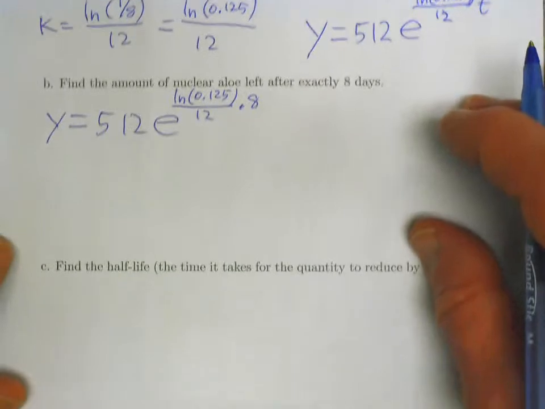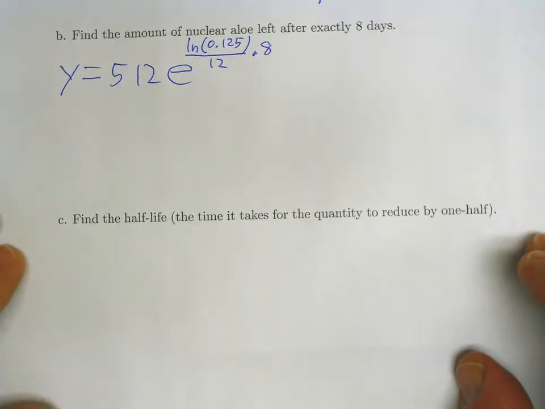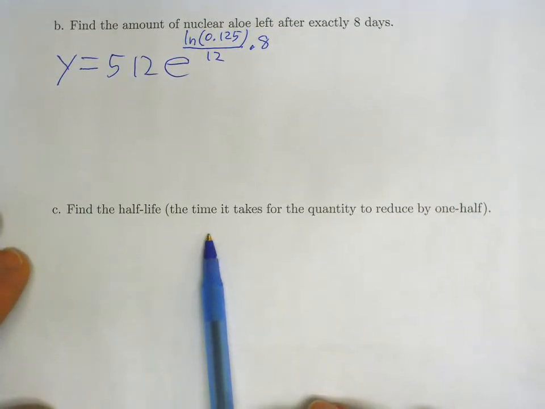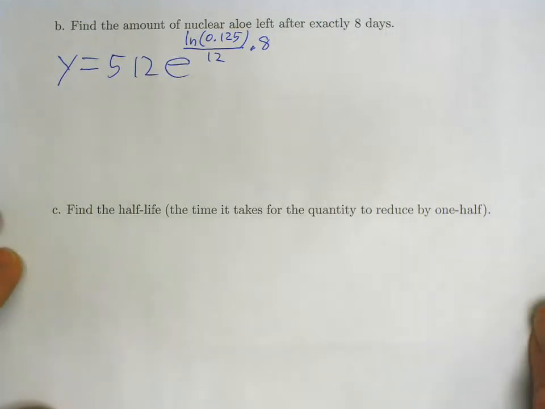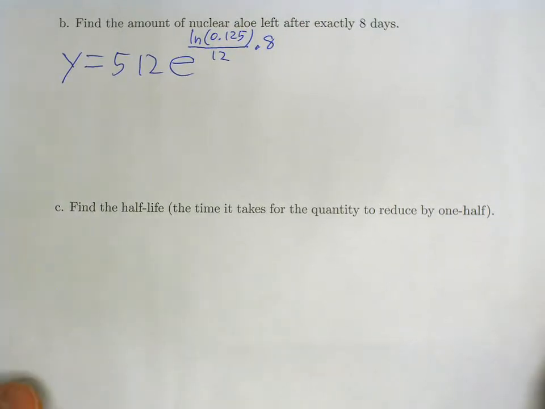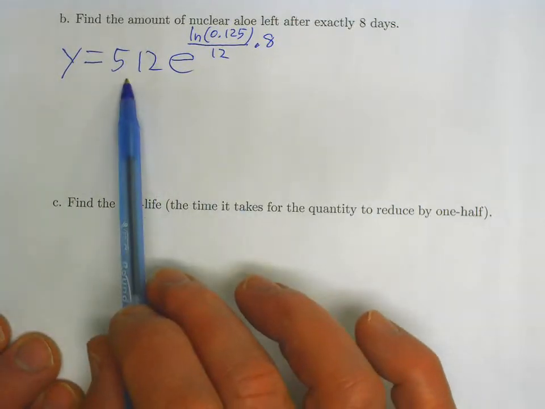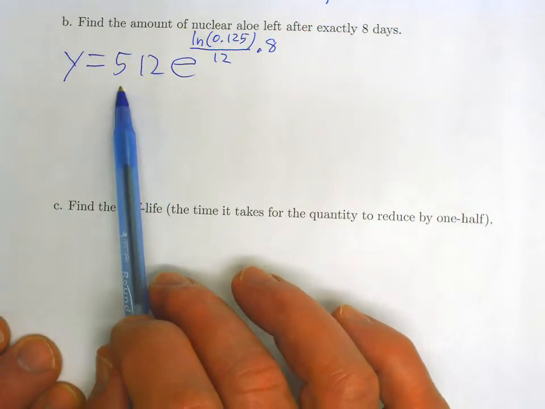Okay, find the half-life. The half-life is the amount of time it takes for the quantity to reduce by 1/2. So the initial amount is 512 pounds.